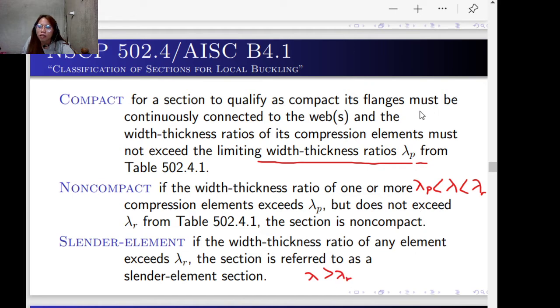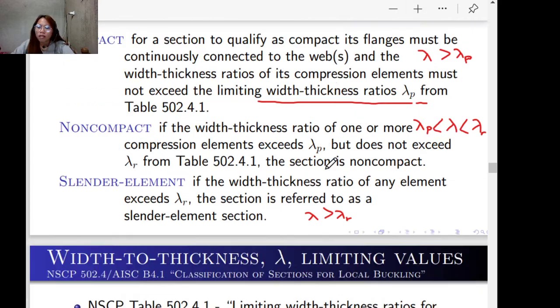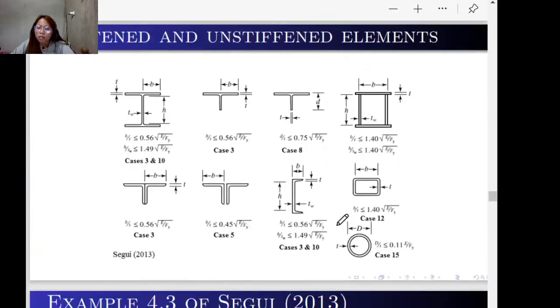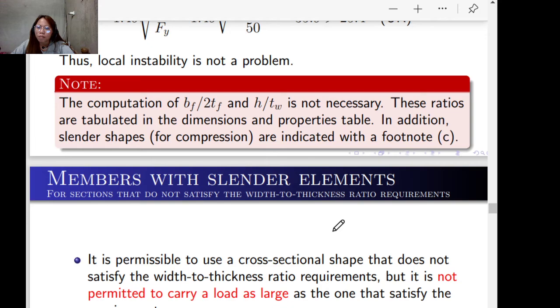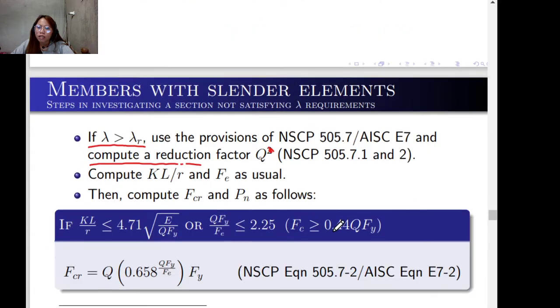If the lambda is greater than lambda sub p only, no. For non-compact, if it is greater than that, it is non-compact; lambda sub r is for non-compact, meaning it is a slender element already, no. Meaning the local stability is critical for this element. So it is important to check the local stability of the steel element.